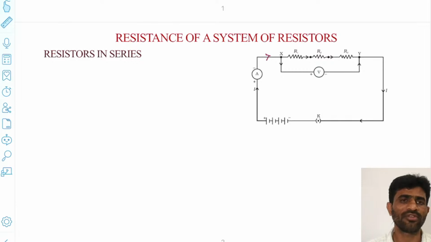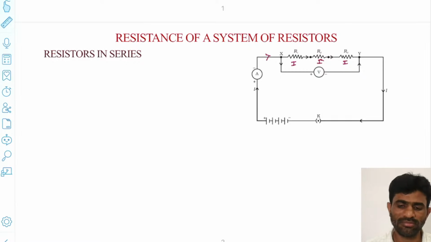So in this figure you can see there are three resistors, R1, R2, R3, and all the three resistors are connected in series. So current across R1 is I, current across R2 also I, current across R3 also I. There is no change in current across the three resistors R1, R2, R3.